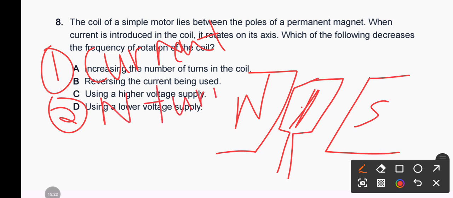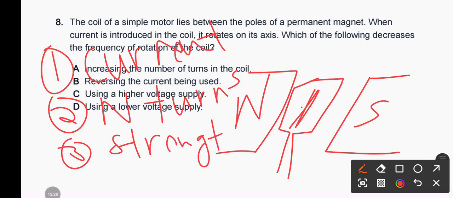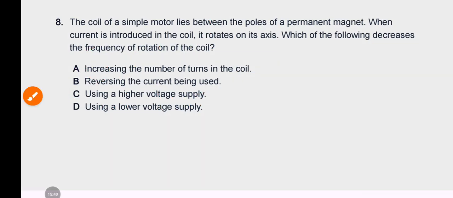Number three is the strength of the magnet. Alright, so these are the three factors which the frequency of rotation depends upon. Right. So we want the factor that decreases the frequency of rotation.